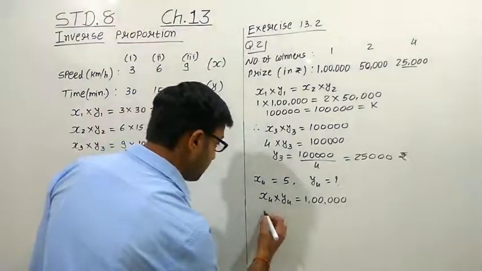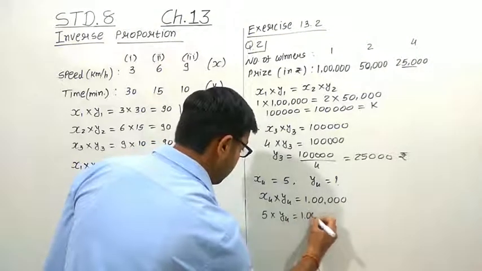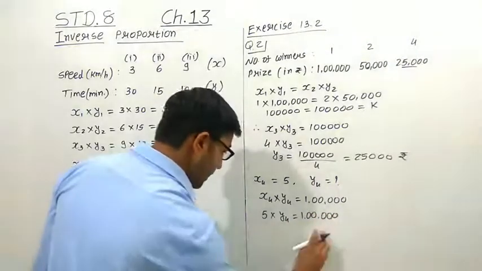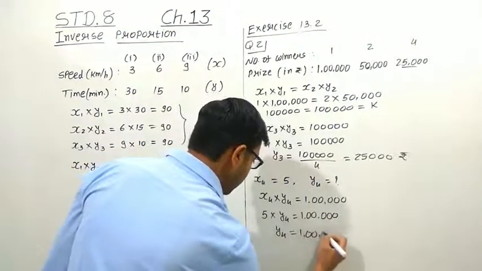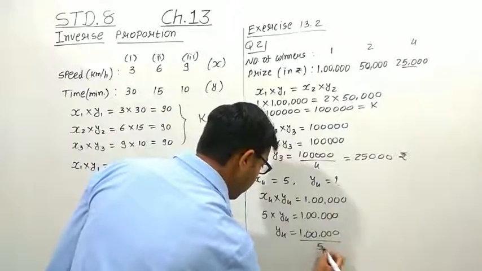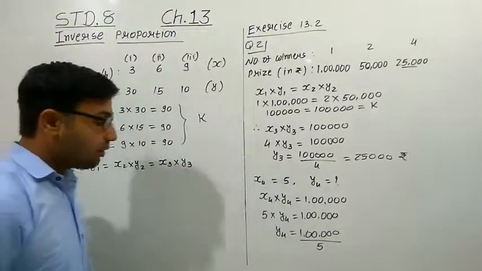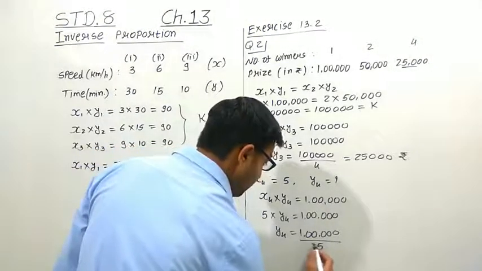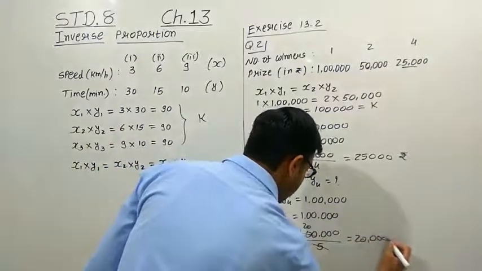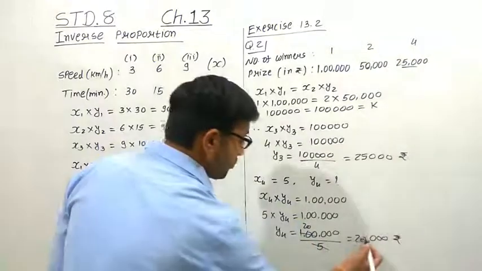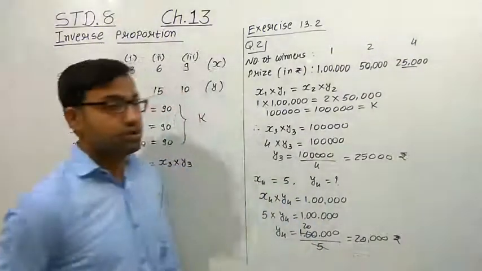So x4 is 5, y4 we have to find out. Now take this 5 into the denominator with 1 lakh. So we get y4 equals 1 lakh upon 5. So 1 lakh is divided by 5, making 5 equal parts of the 1 lakh. We get 5 20s are 100. So 20,000 is the amount we get. So if the number of winners is 5, then each one will get 20,000 rupees.